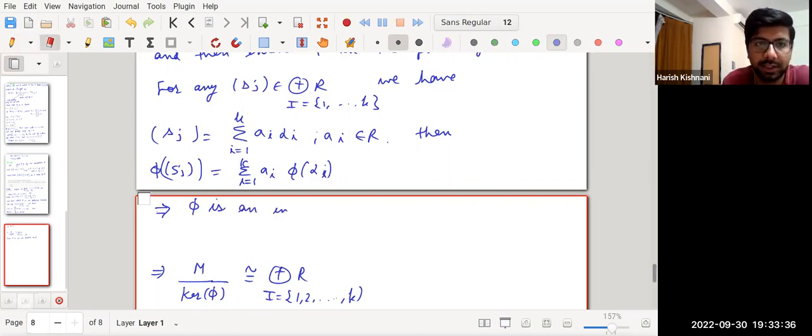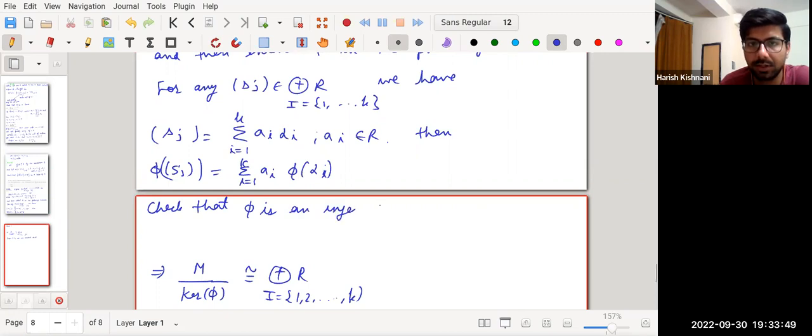or I will just say, check that phi is an injective homomorphism, because some checking still needs to be done.